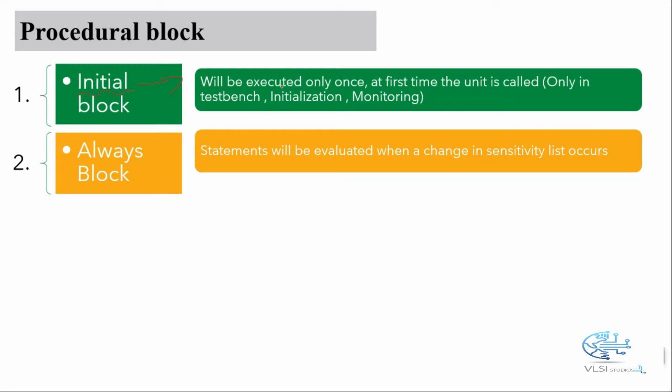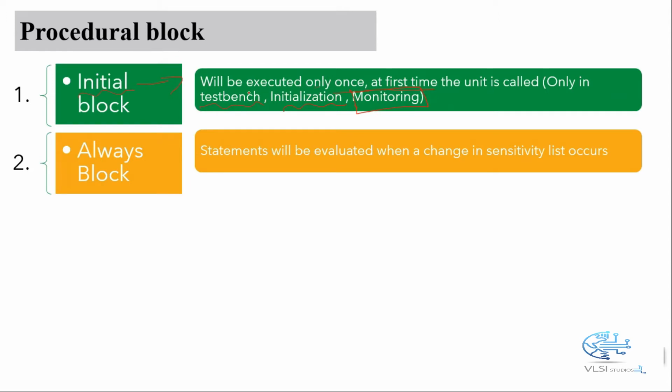After that we can't use it again. It is generally used in the test bench for initializing our variables, and also for monitoring the output generated by our design when applying the stimulus from the test bench. We can't execute the initial block again and again in our design.